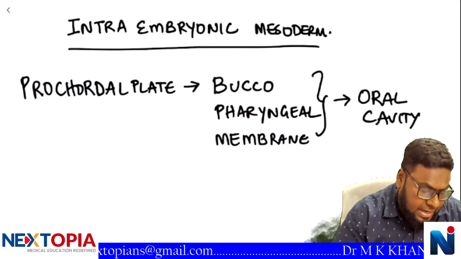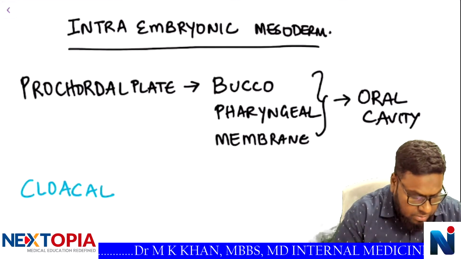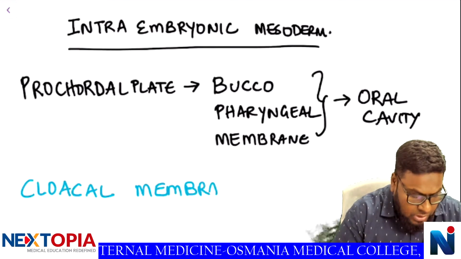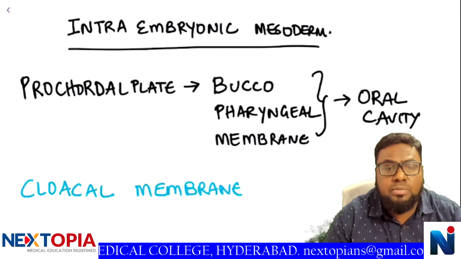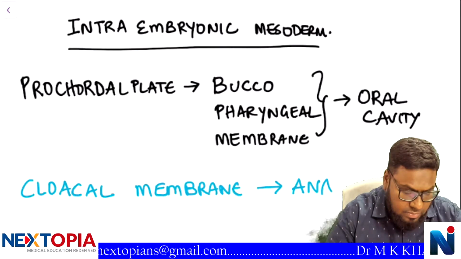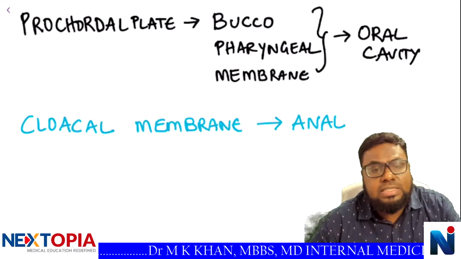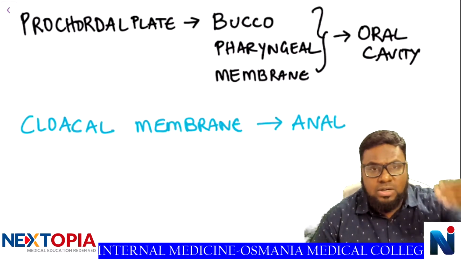Next, the tail end, I told you, develops into the cloacal membrane. This cloacal membrane is responsible for the future anal opening. Anus. All right, these are the parts of the intraembryonic mesoderm, from the cranial part to the caudal part.